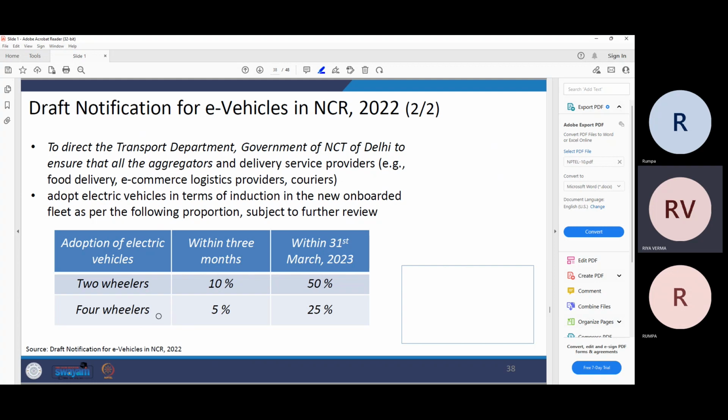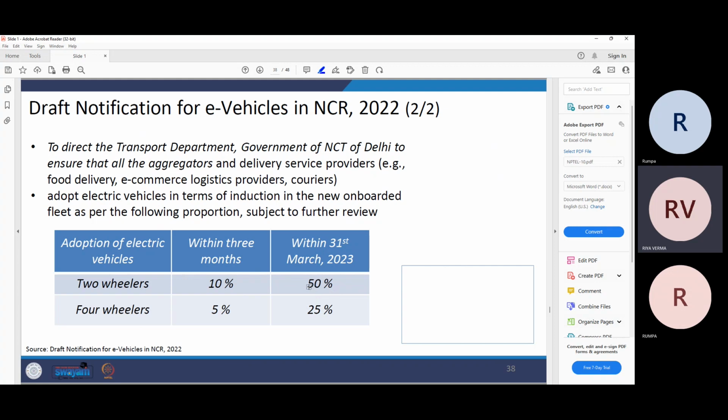And for example, within 3 months they should have at least 10% of total number of two wheelers electrical, and 5% of the total number of four wheelers must have been electrified. And by 31st March 2023, this number should be increased to 50%.